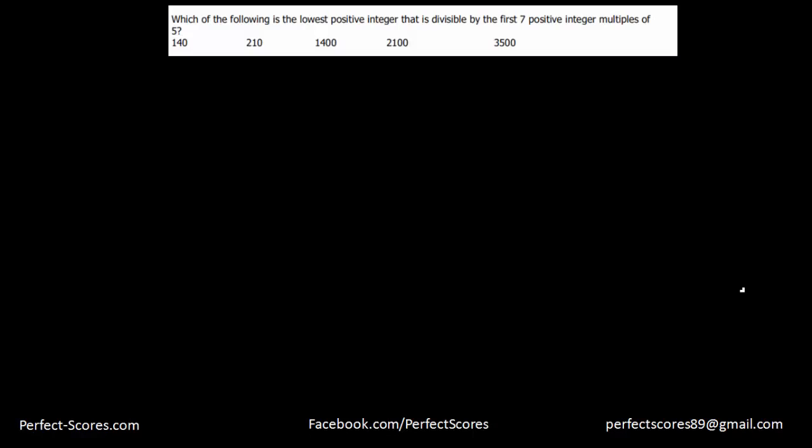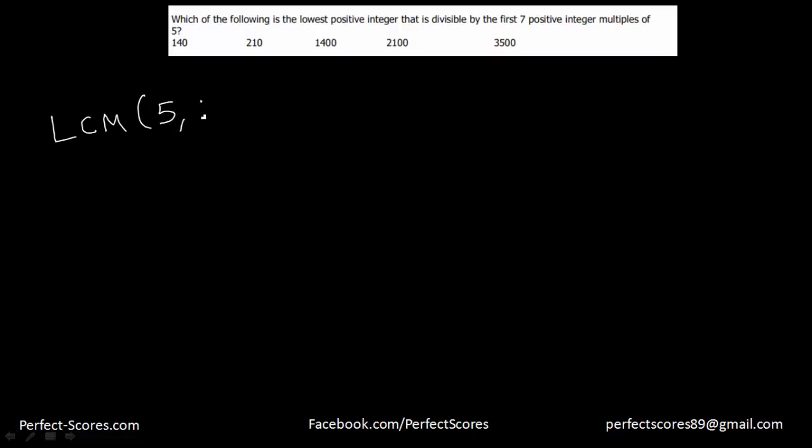So the question says: which of the following is the lowest positive integer that is divisible by the first 7 positive integer multiples of 5? So we have to find the LCM, the lowest positive integer which is divisible by the first 7 positive multiples of 5.